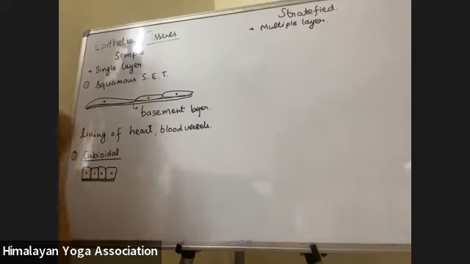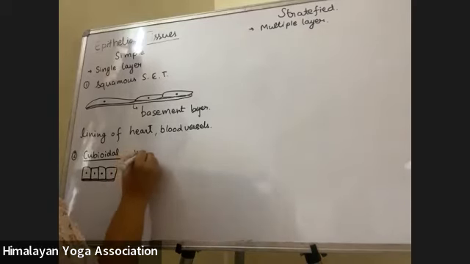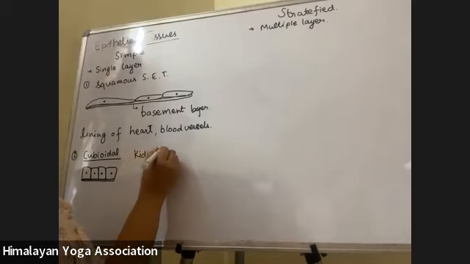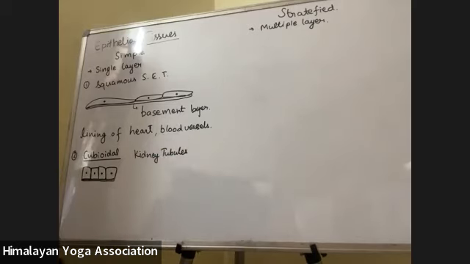I told you in epithelial tissues, the cells are closely packed. There's hardly any space in between. It is present in kidney tubules and glands like the thyroid.